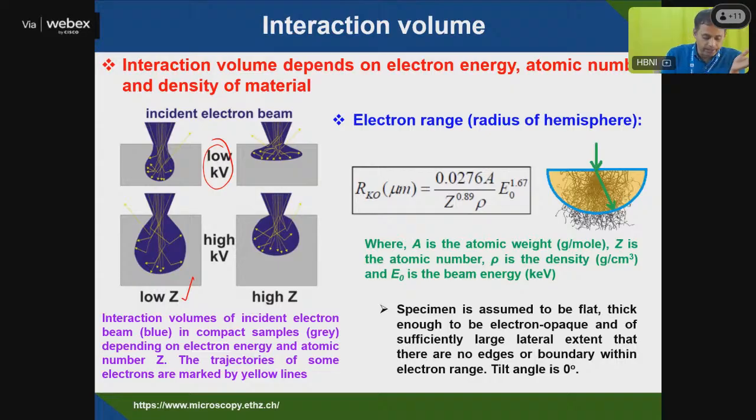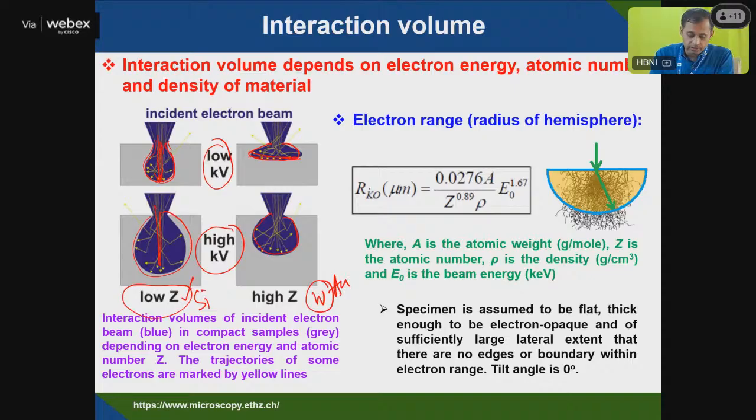For a low Z material, for example, you can take silicon or magnesium, and here you can take tungsten or some high Z material like gold. At low kV, the beam will propagate deep inside, while in the high Z material the volume will be large horizontally, but vertically the penetration depth will be small. In the case of high kV, you can see much higher interaction volume, but in the case of high Z, because of the high density, the electrons stop sooner and you get a smaller interaction volume.